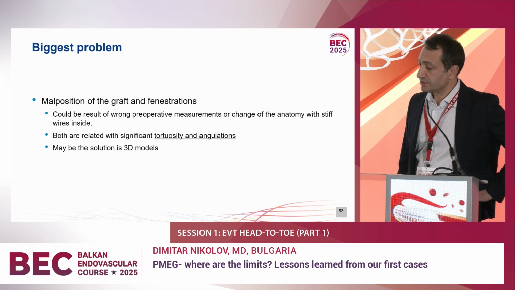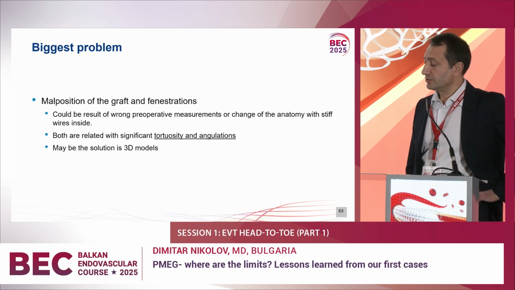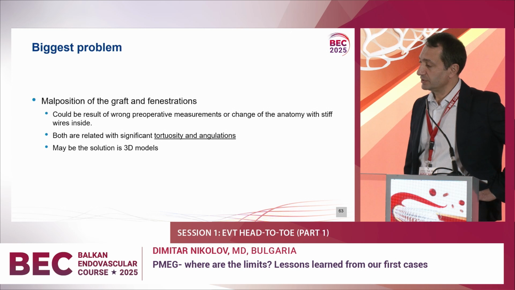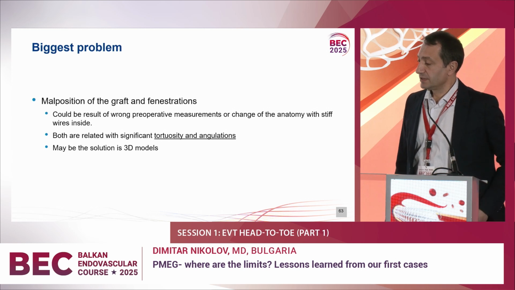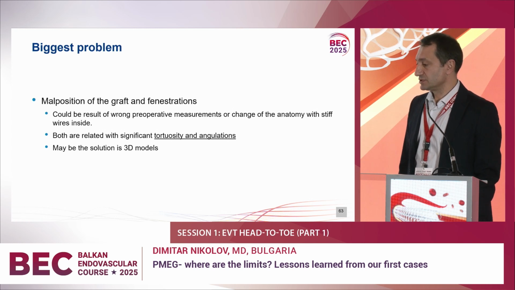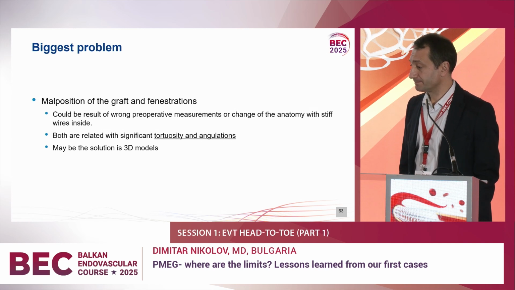So the biggest problem is malposition of the graft and fenestrations. It could be a result of wrong preoperative measurements, or because of change of the anatomy with the stiff wires inside. In fact, both of these problems are mainly related to significant tortuosity and angulations in the anatomy of the patient. So maybe in these situations, it's good to use 3D models or something else, maybe open repair.